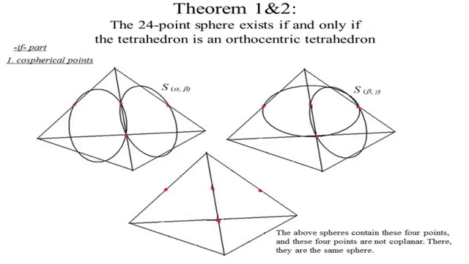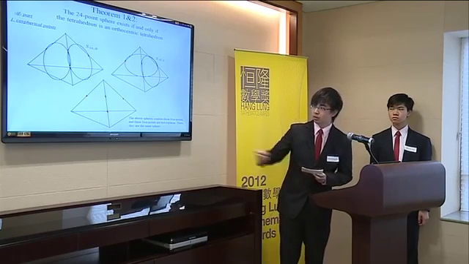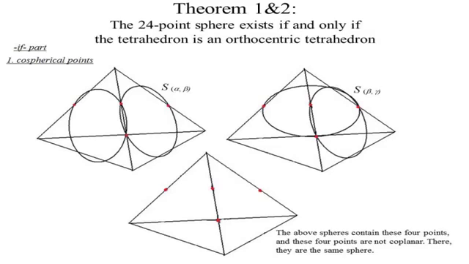And in the if part, we have found 2 proofs. The first one is about the co-spherical points. We can see the sphere alpha beta and the sphere beta gamma also pass through the 4 common points. Since a sphere can only be formed by 4 non-coplanar points in 3D space, they are the same sphere, so the 24-point sphere exists.